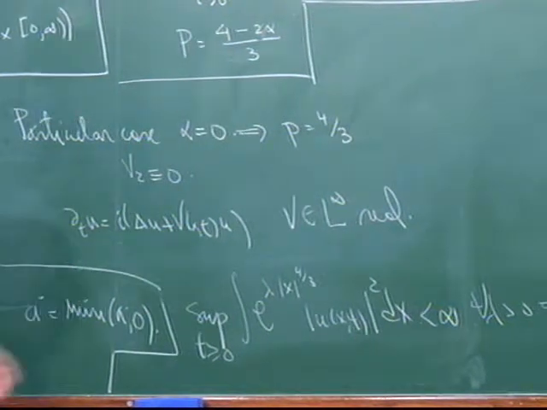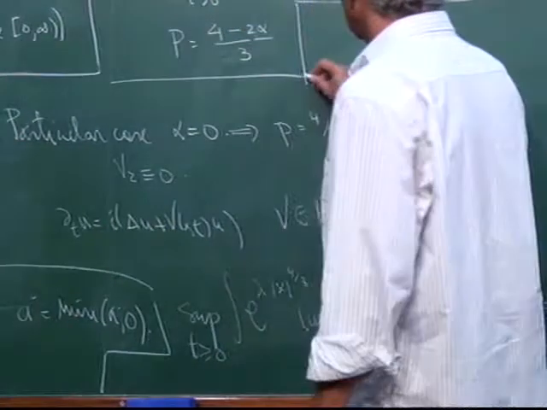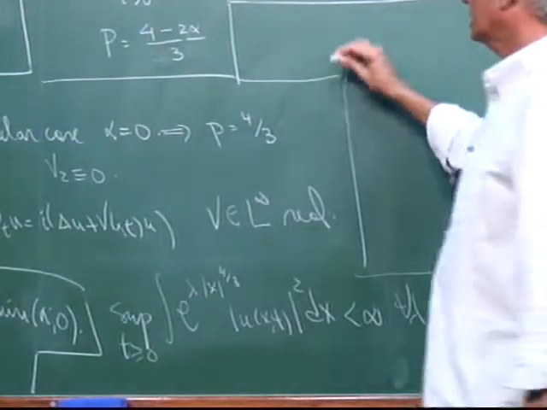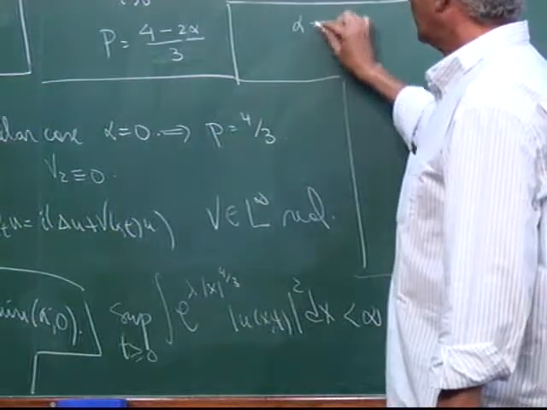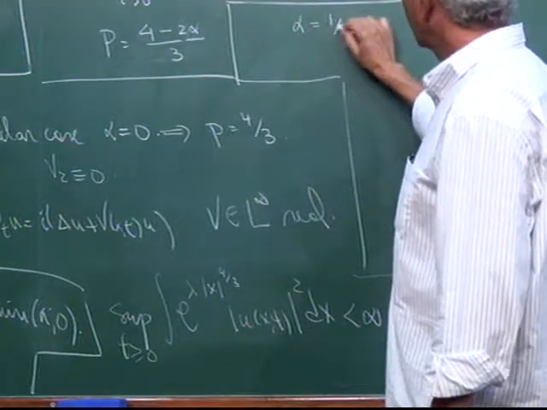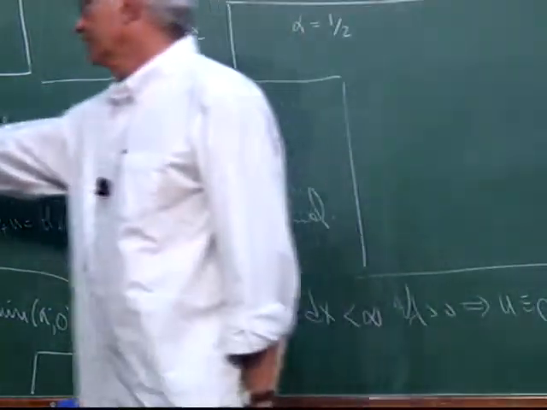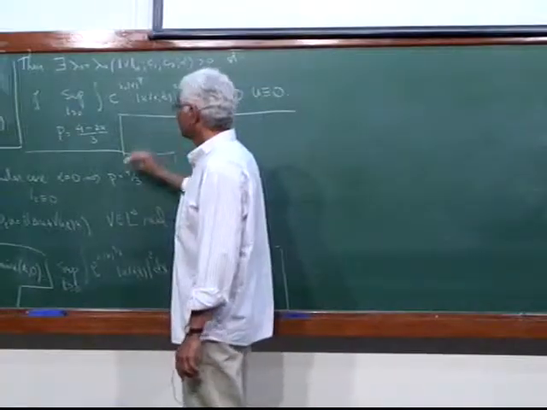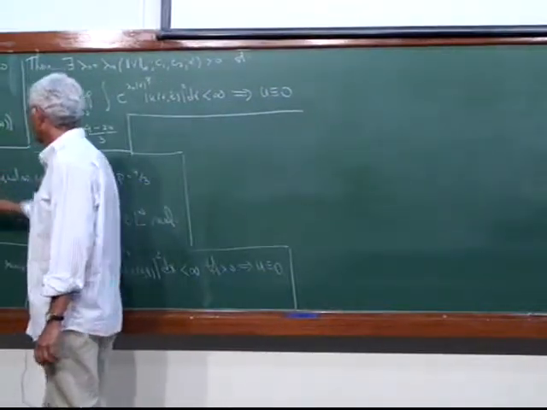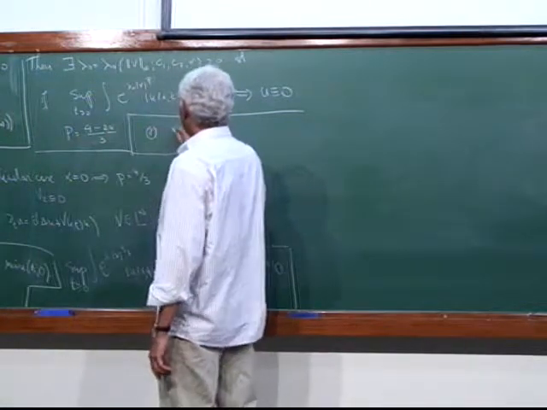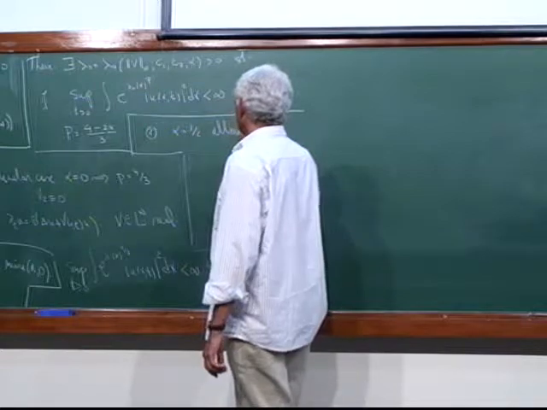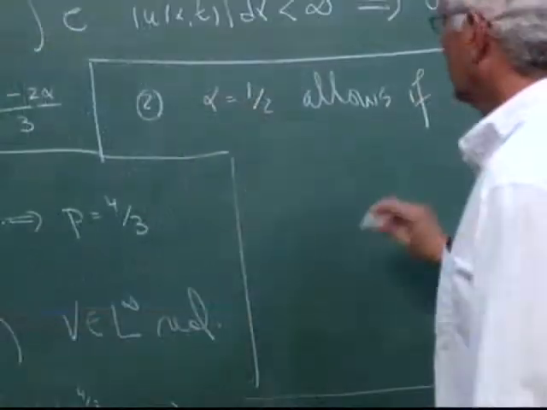The other extremal case is alpha equal to 1/2. We cannot take that here, but this is a second remark: alpha equal to 1/2 is allowed if you put the decay here.